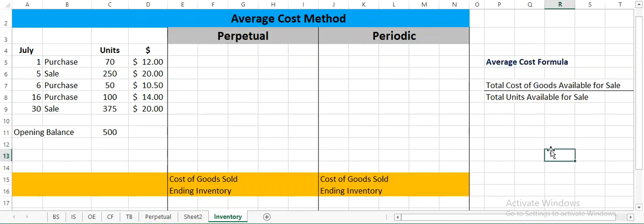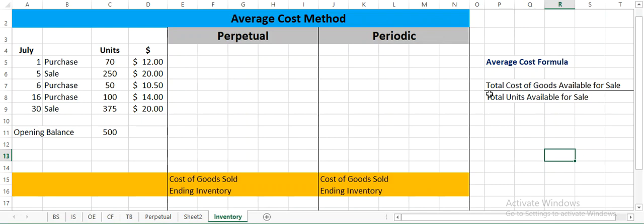Based on this formula, we need to calculate the average cost under both the perpetual and the periodic system. One thing we will remember is that the perpetual system is always more detailed and a lot more work, because after every transaction we need to know the value.